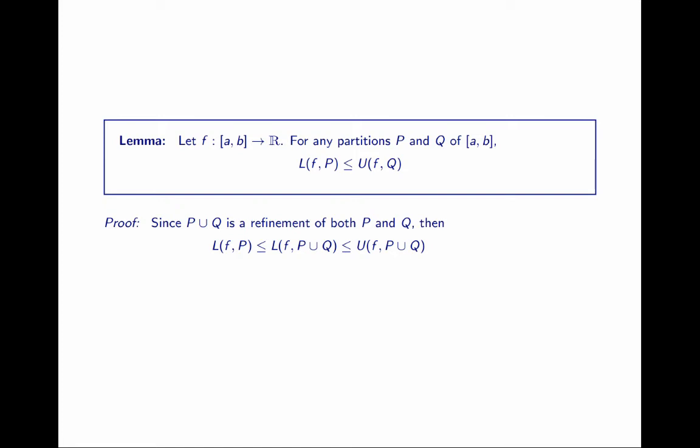We just mentioned why. And because that refinement is a refinement of Q, its upper sum is less than or equal to the upper sum of f over the partition just Q. And we've proven our result.